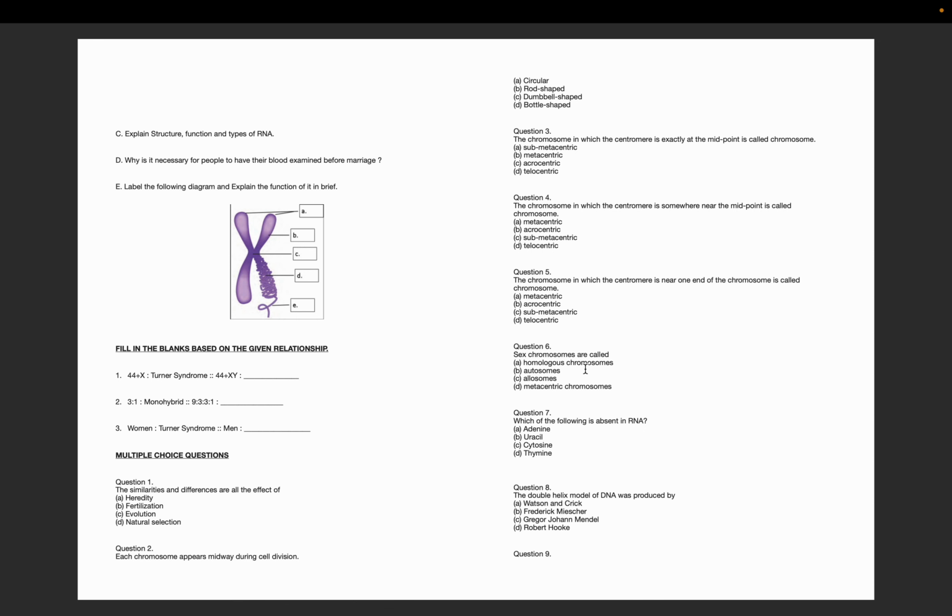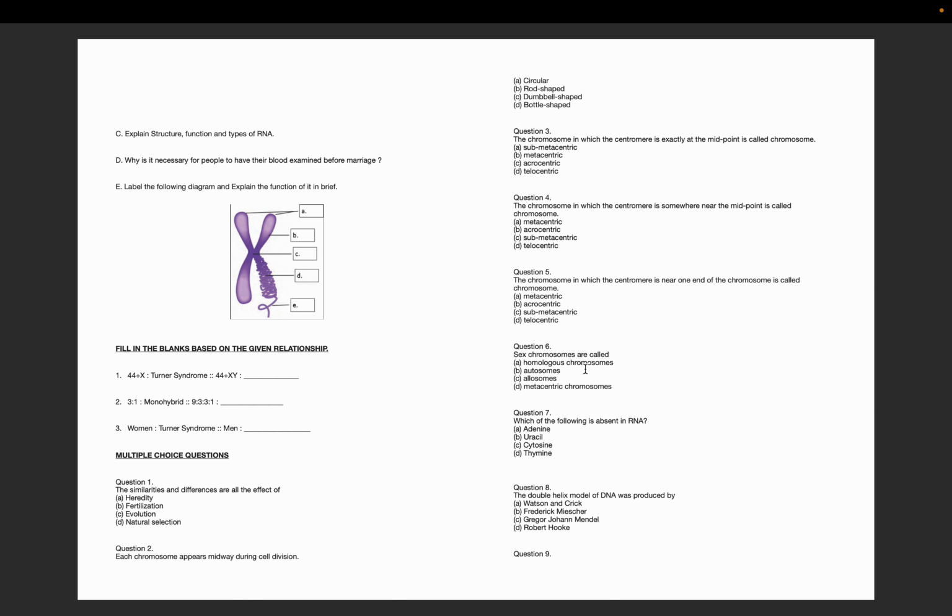Correct. Let's look at the second one. 3 is to 1 is monohybrid and 9 is to 3 is to 3 is to 1 will be dihybrid. Women Turner syndrome and men will be Klinefelter syndrome. Perfect.